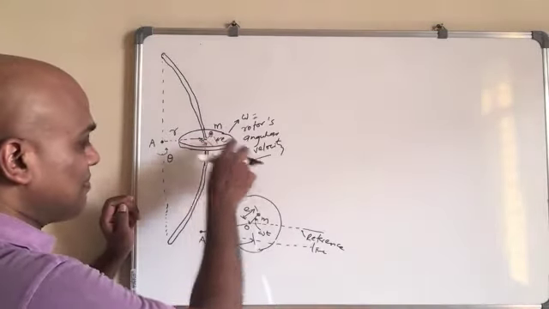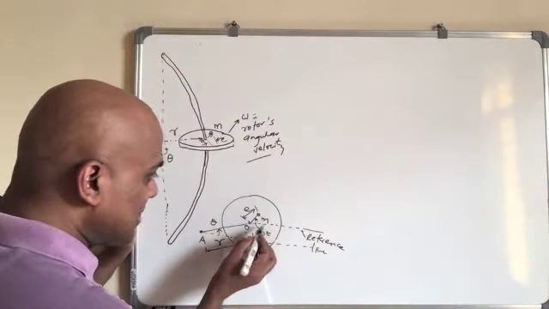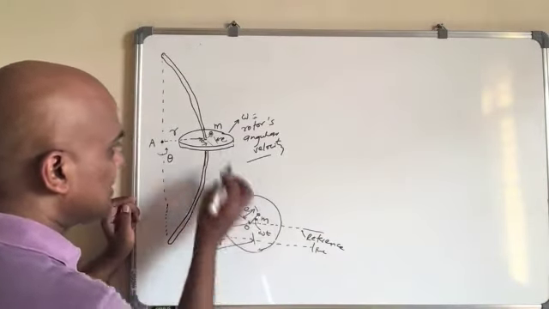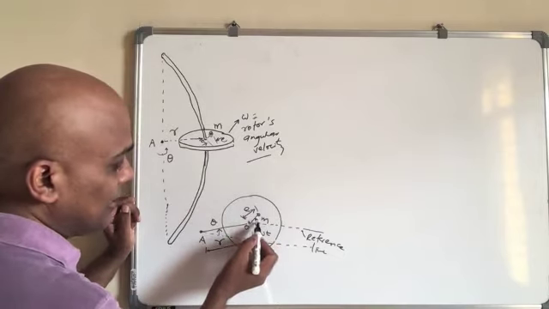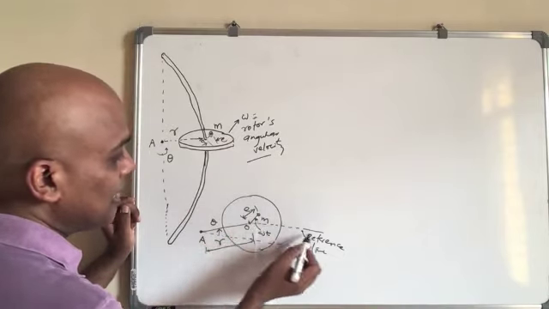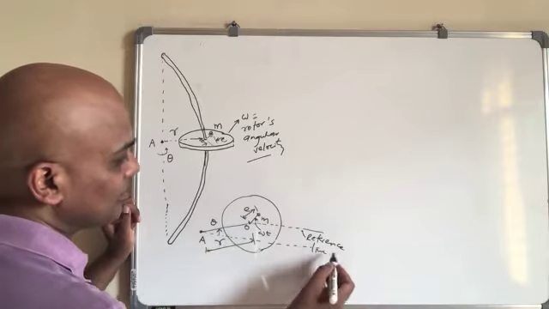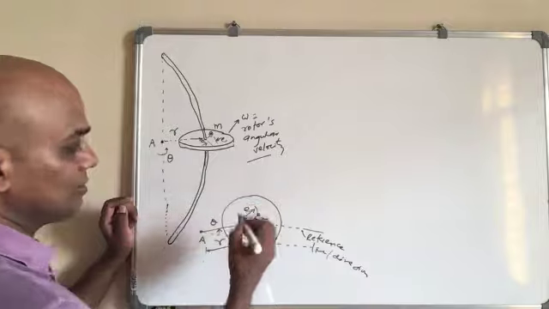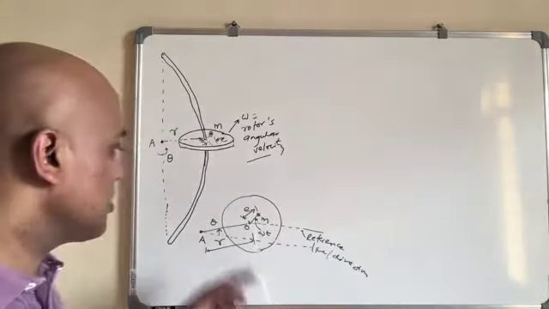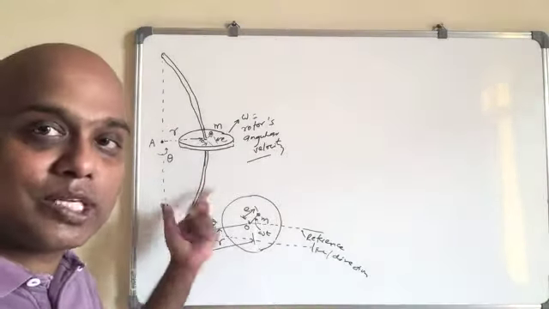So omega t is the angle that this line, 0 to this mass, is making with the reference direction. Okay. So we have to distinguish between the two.